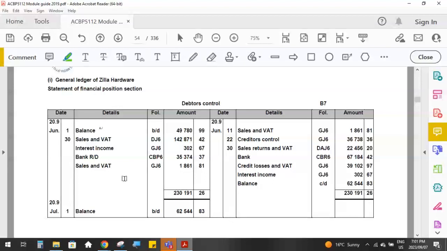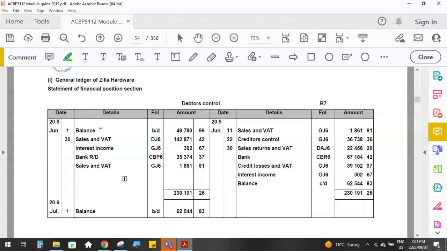So you can see there we are debiting creditors control, which means we are clearing the amount that we owe them, 36,738, and we are crediting debtors control, which means we are reducing the debtors control amount by the amount that they also owe us.